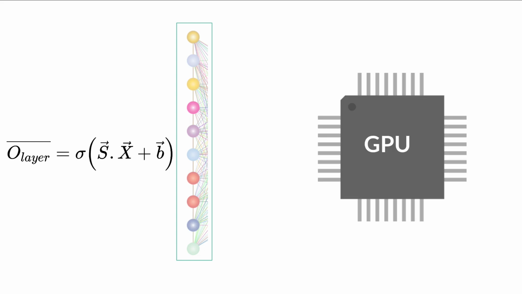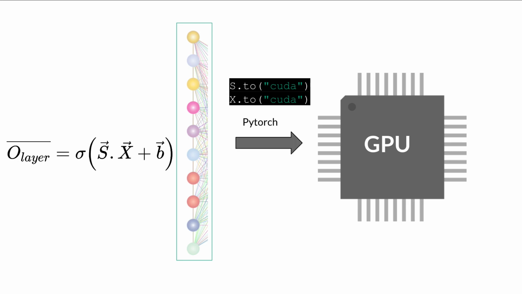If we have a hardware accelerator like a GPU available, then we can merely call the .to function and move these data structures, the vectors s and x, to the GPU device, which in software we name here as CUDA.